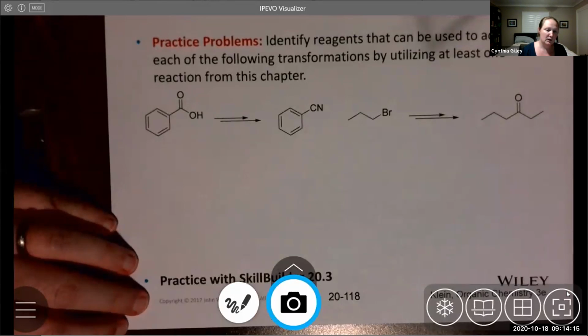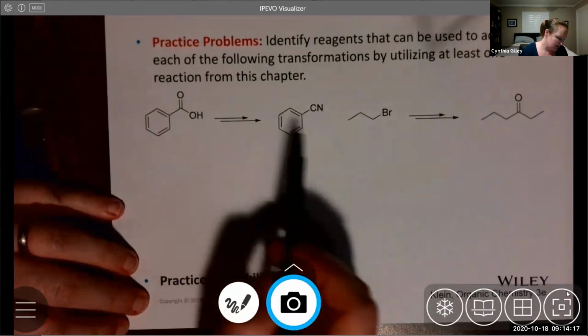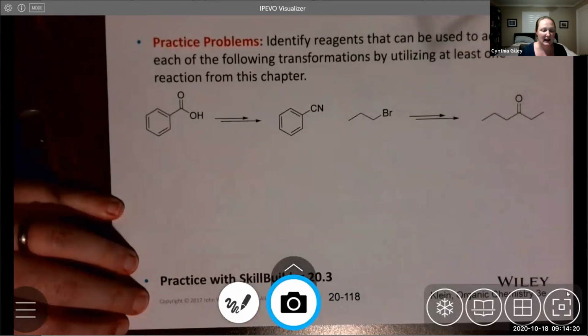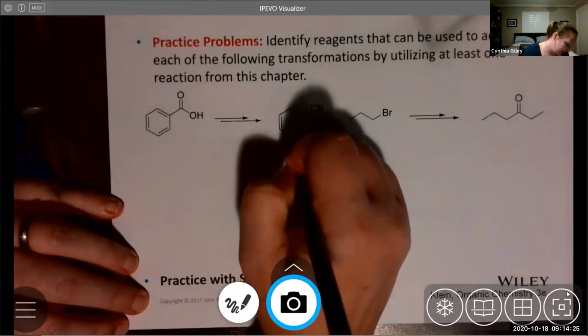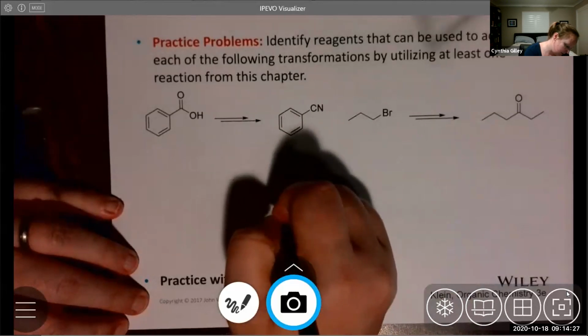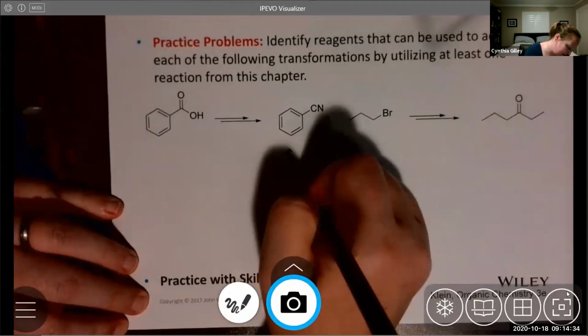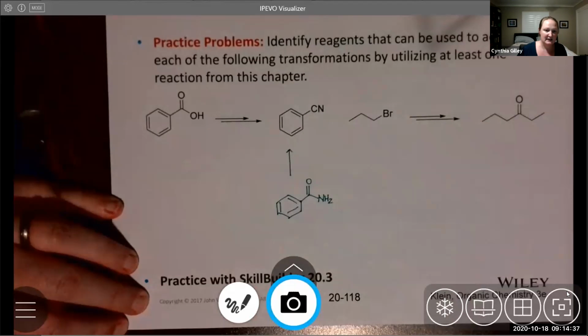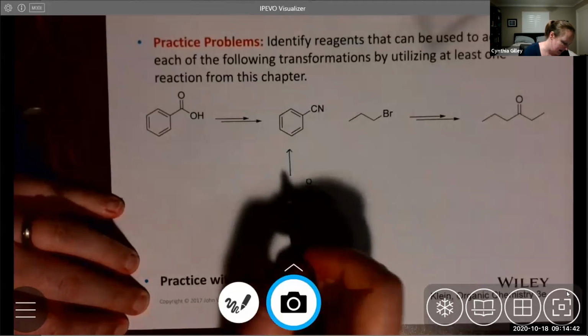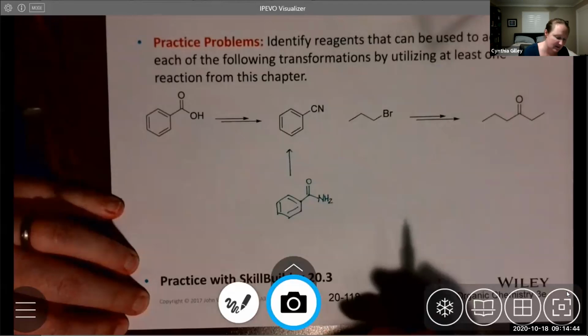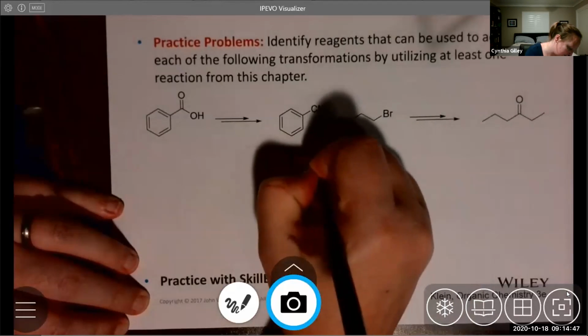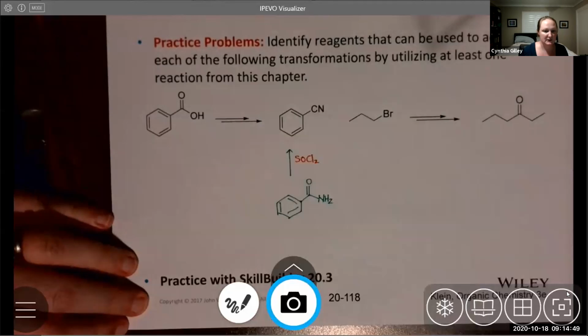Remember that if we want to synthesize a nitrile and we don't want to add any carbons, then we need to get that nitrile through reaction of a primary amide with SOCl2. There are two ways to make a nitrile, but there's only one way that is useful in this particular synthesis problem, and that's the dehydration of a primary amide to a nitrile using SOCl2.